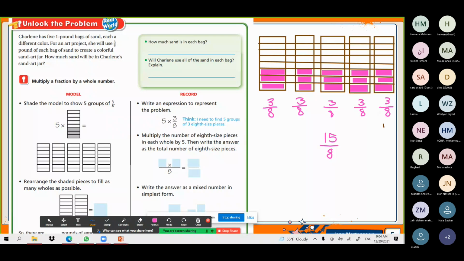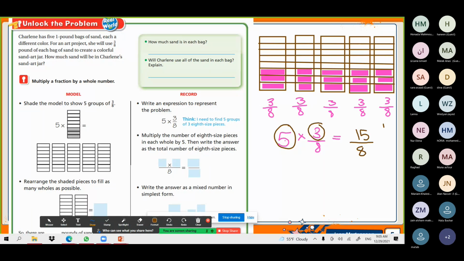But should we add every time? Oh, there's another way, which is multiplication. What do we have to do in the multiplication? We're going to multiply 5 by 3/8. How? I will multiply 5 times 3 over 8. Focus with me now, okay?